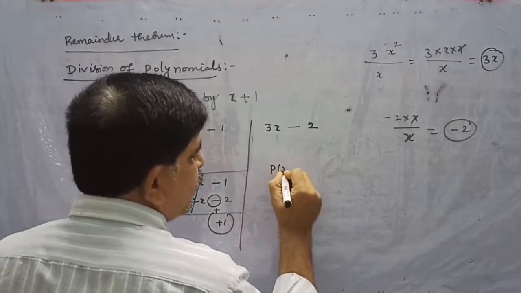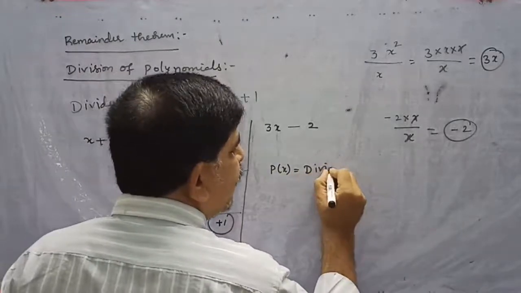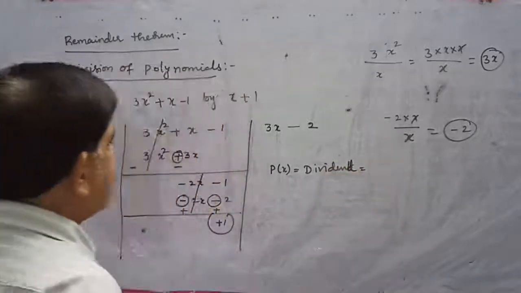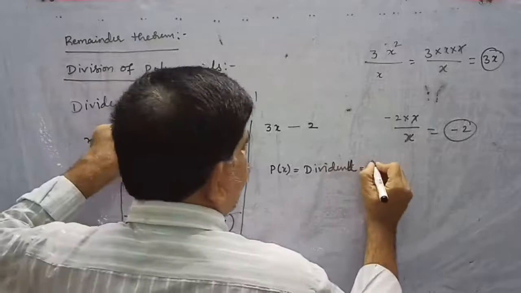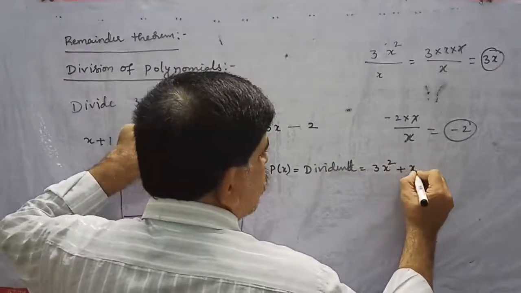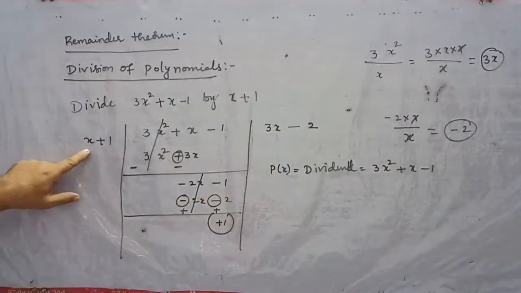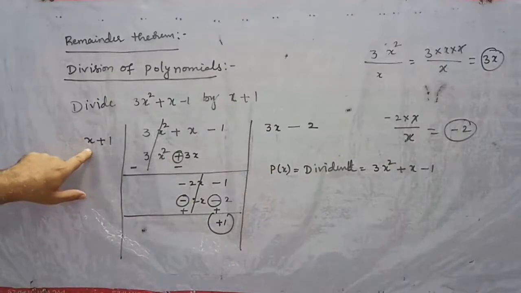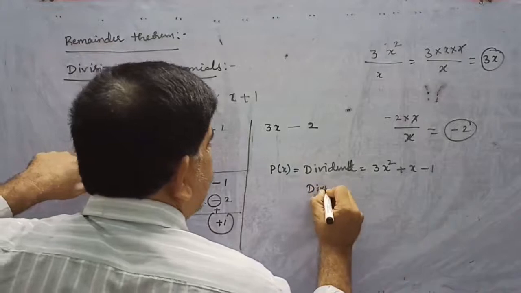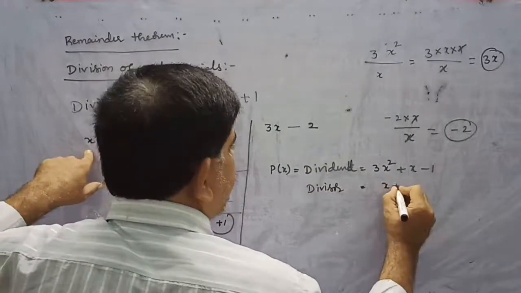Now let the given polynomial be p of x. So p of x is known as the dividend. Dividend is equal to 3x square plus x minus 1. Next one, the divisor is x plus 1.